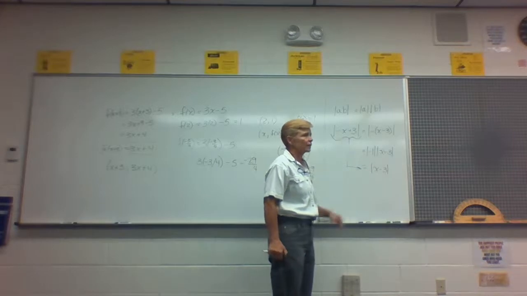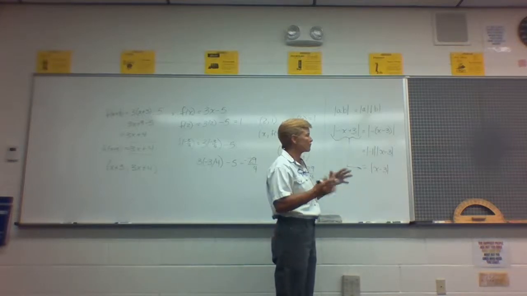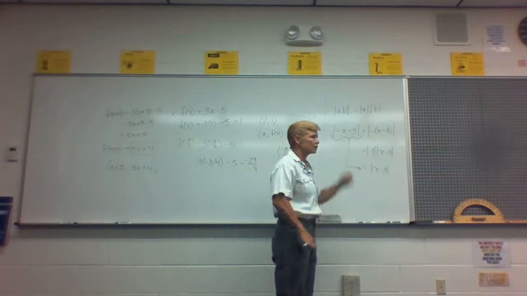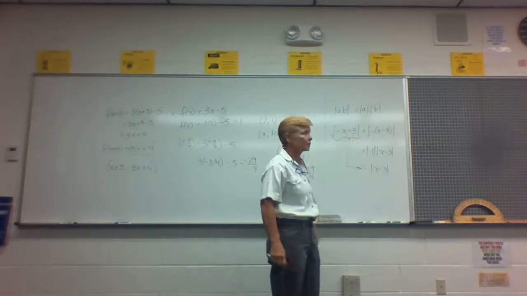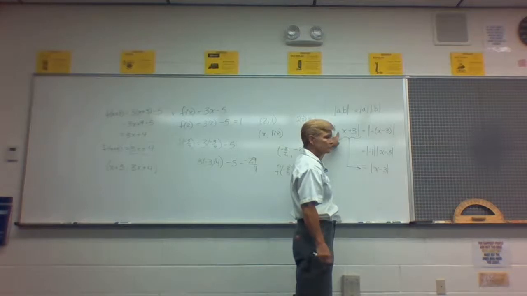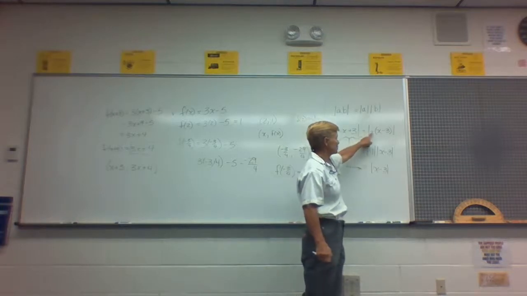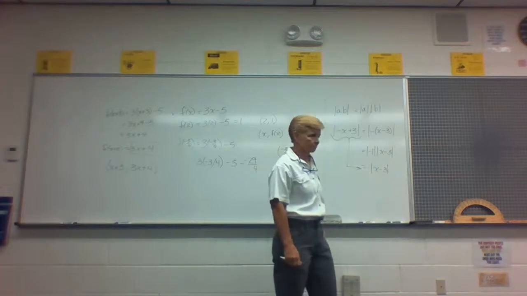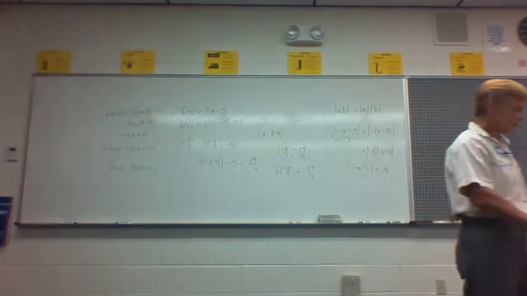Not like the absolute value of -3 is 3. That's intuitive. You've been dealing with that for a long time. This, changing to this, without this intermediate stuff is very difficult to handle. So you've got to understand what's happening there. If there's a negative on your variable, you want to factor that out and then eliminate it with this property. It's going to come up.